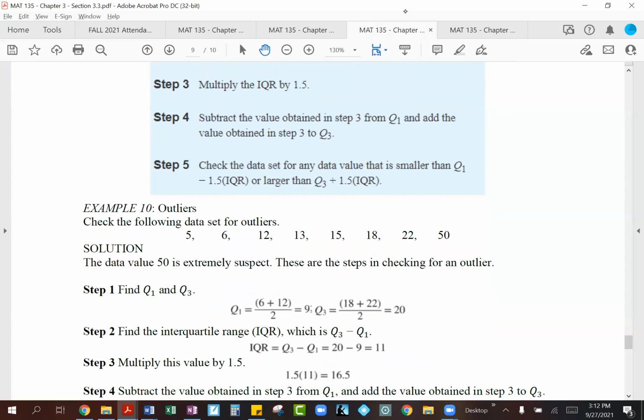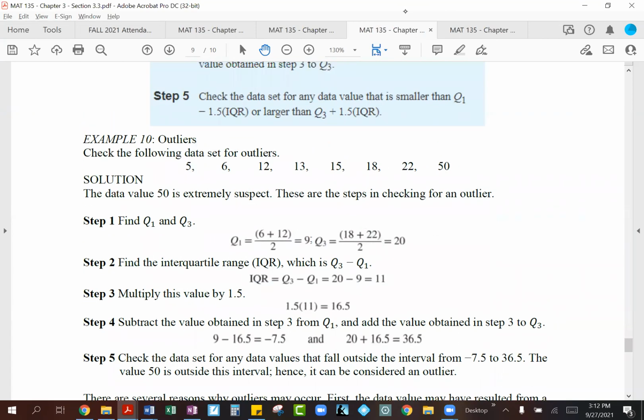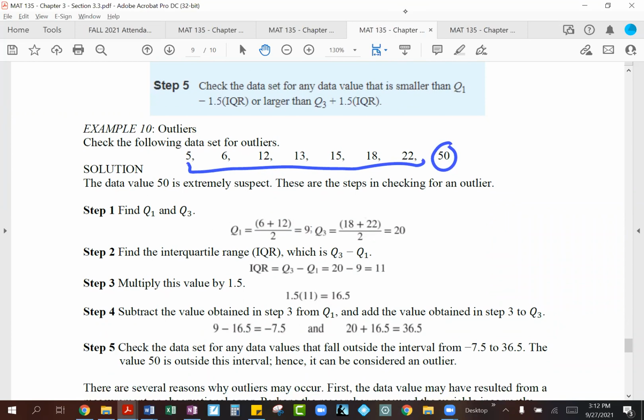And what that does is actually change, especially when we talk about our mean, median, mode, mid-range calculations. They can make a big difference, because think about it, and you can see this example here. You've got these numbers going from 5 to 22, and you can see they're still relatively close to each other, but then you have a really high number, 50 over here, and look at the big gap between 22 and 50.